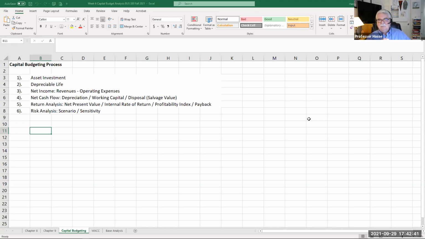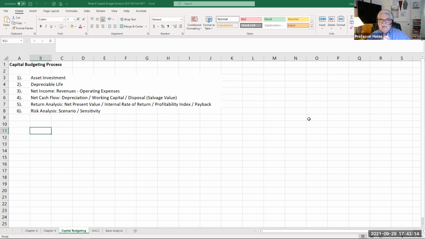And we'll talk about that. Then once we take that revenue and those operating expenses to determine net income, what is the net cash flow generated besides that net income? Working capital, salvage value, depreciation, all additional cash flow items to determine the cash flow. We looked at that last week a little bit in that problem from chapter 9.